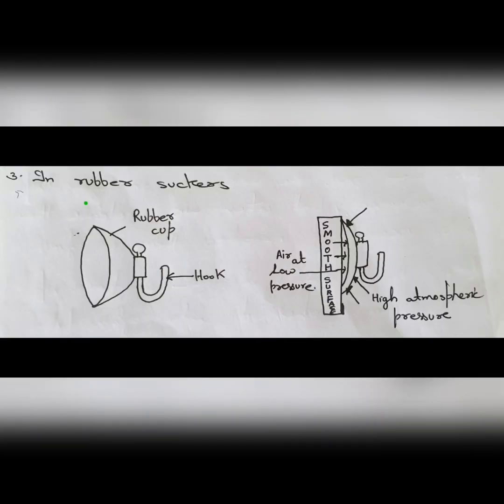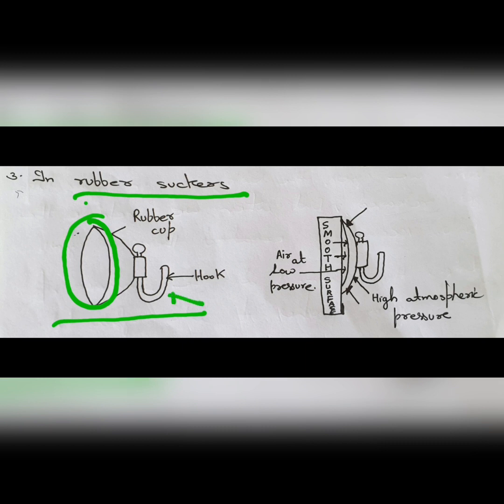Let's discuss another device, that is rubber suckers. This is a rubber sucker. In this rubber sucker, there is an elastic stretchable rubber cup on one side, and on the other side a hook is there. It is used to fix on a wall to hang something. So let's see its working.